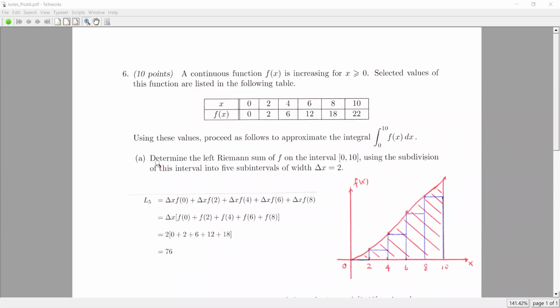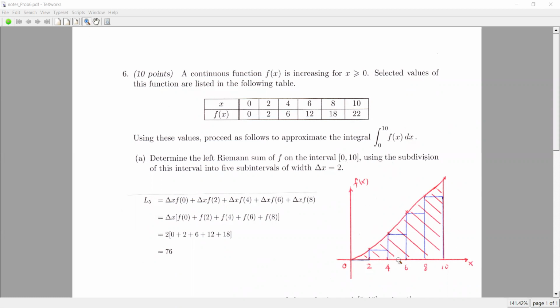Part A. Determine the left Riemann sum of function f on the interval from 0 to 10, using the subdivision of this interval into 5 subintervals of width 2. In this part, the interval 0 to 10 is evenly divided into 5 subintervals.